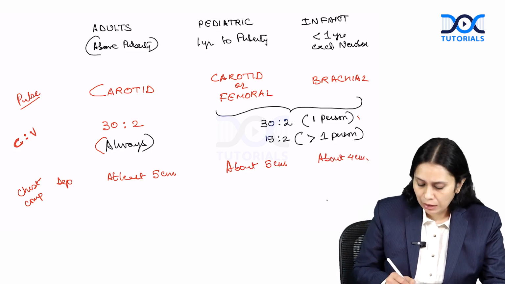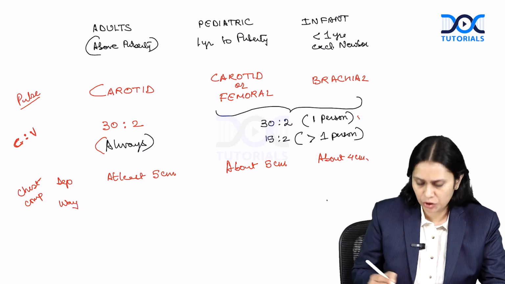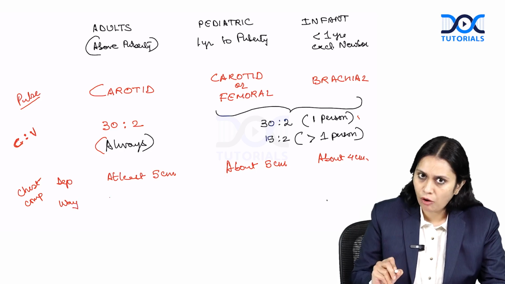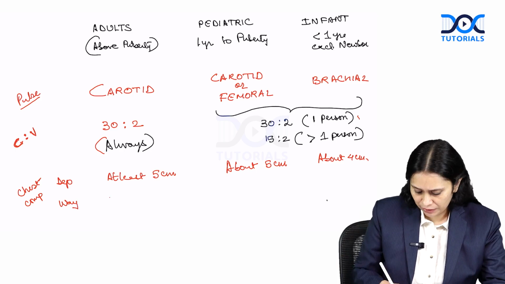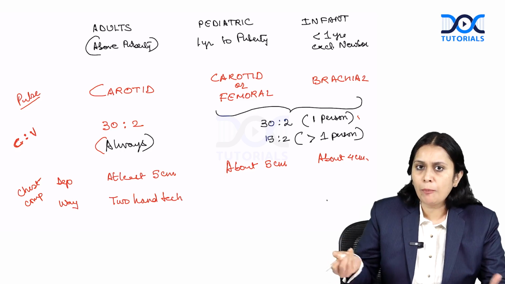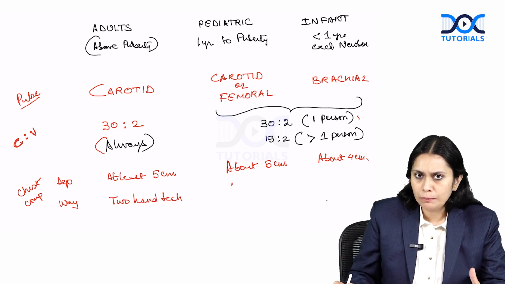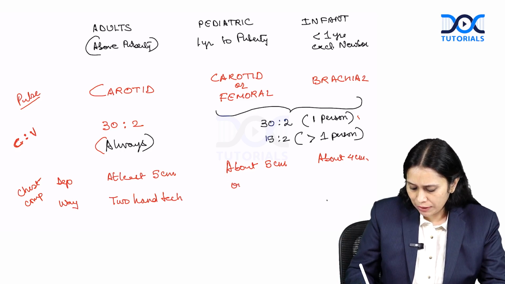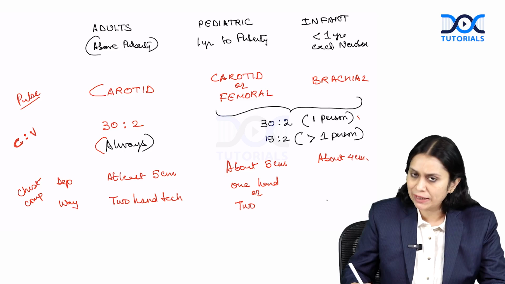The way of chest compression in adult is always the two-hand technique. In pediatric, depending upon the build of the child, for a small build child we go for the one-hand technique, and for a larger build child we go like adult, two-hand.